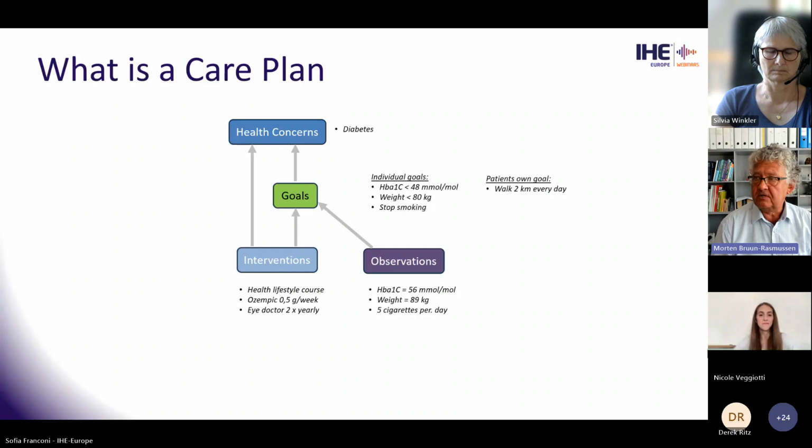It also contains a lot of evidence-based algorithms. When you are retrieving important information about a diabetic patient, the data are put into algorithms that support the doctor in setting up the care plan. So, next slide.